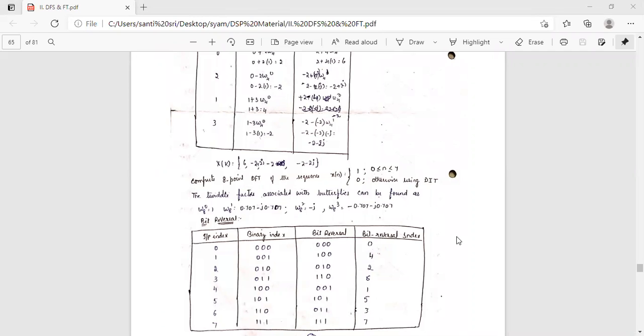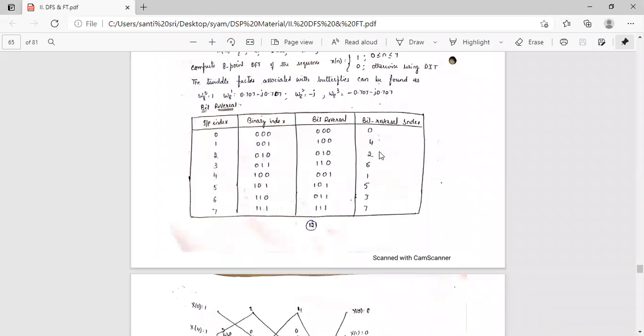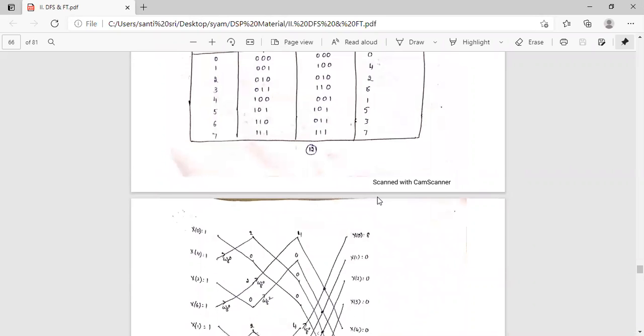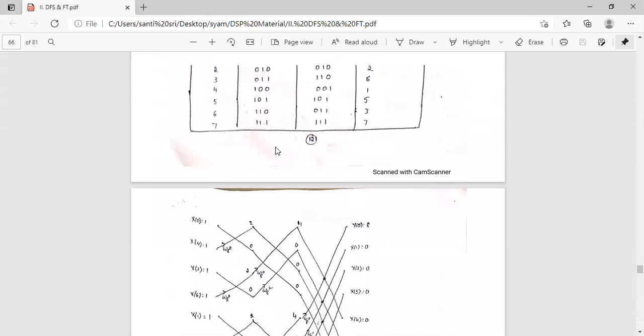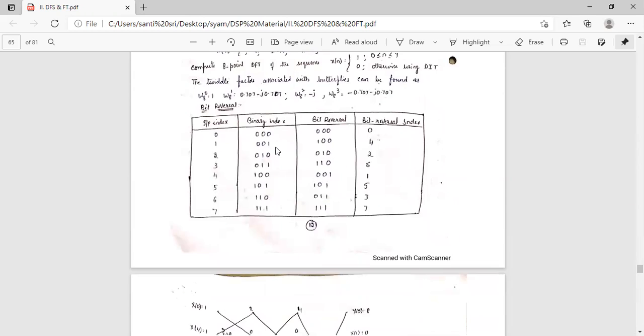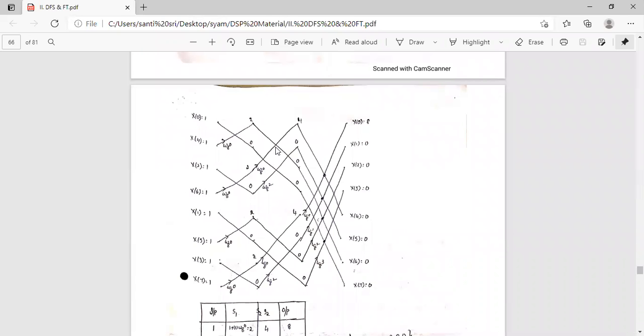So using bit reversal, you can get these indices: 0, 4, 2, 6, 1, 5, 3, 7. Then the twiddle factors W8^0, W8^0, W8^2, and then W8^0, W8^1, W8^2, like the above one.